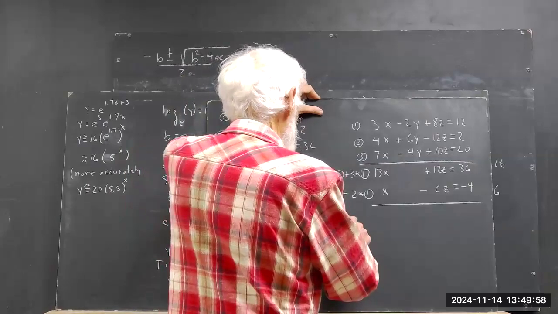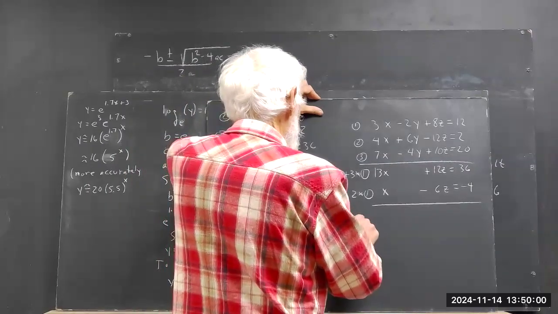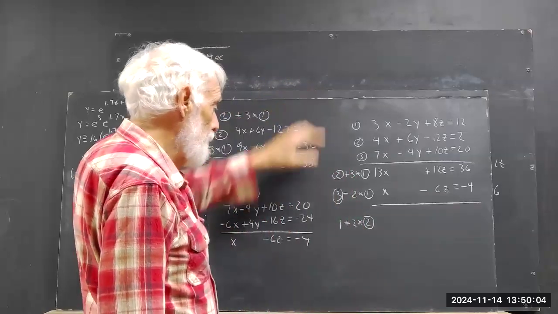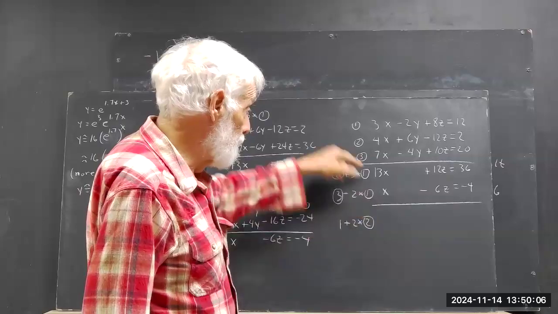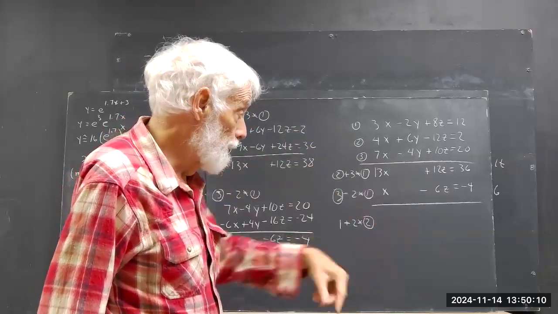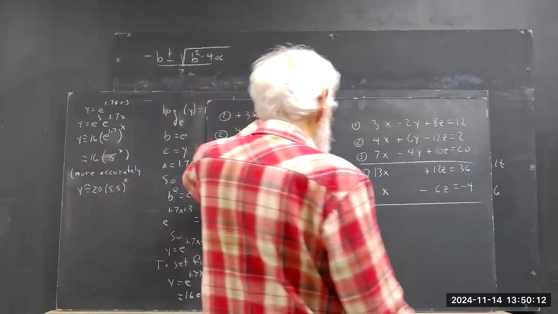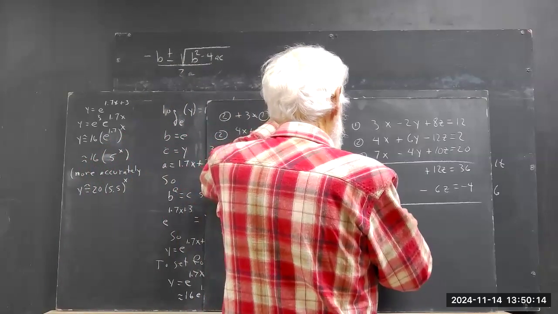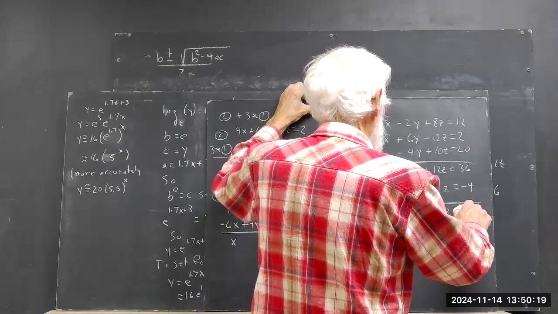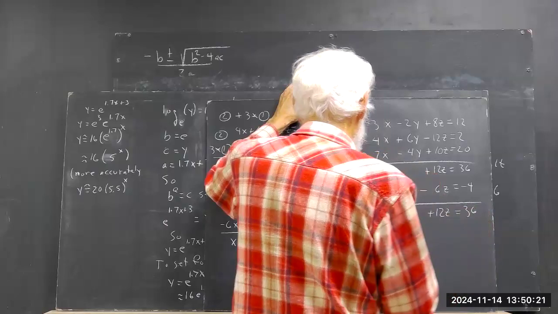So what we're going to do is equation 1 plus 2 times equation 2. Where equation 2 means this equation 2, not this equation 2. This number always refers back to the last set of equations. Okay, so we're going to have 13x plus 12z equals 38.